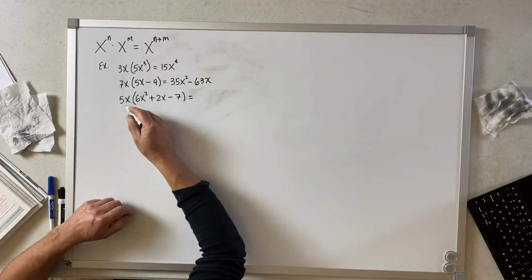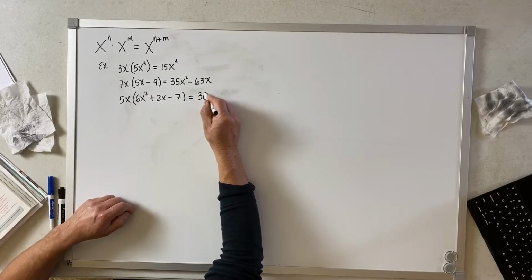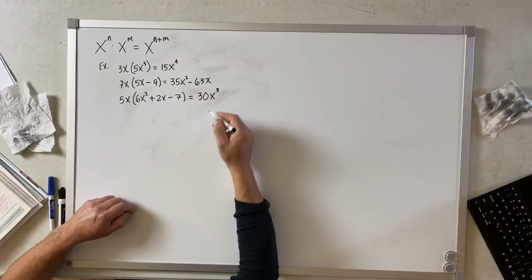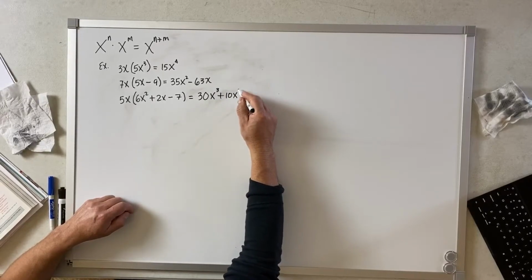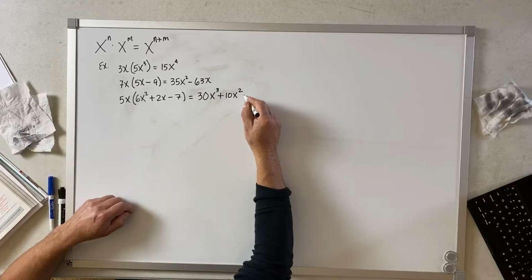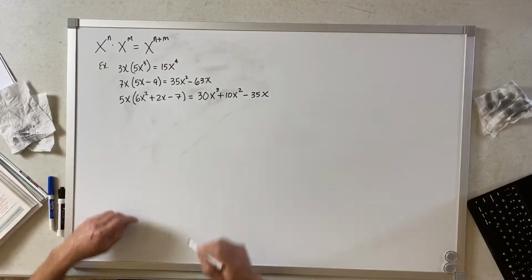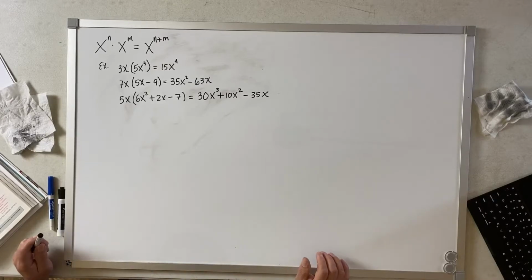So 5x times 6x squared is 30x cubed. 5x times 2x is plus 10x squared. And 5x times negative 7 is negative 35x. So here we multiply a monomial times a trinomial.